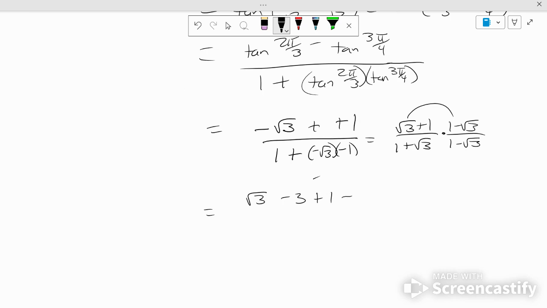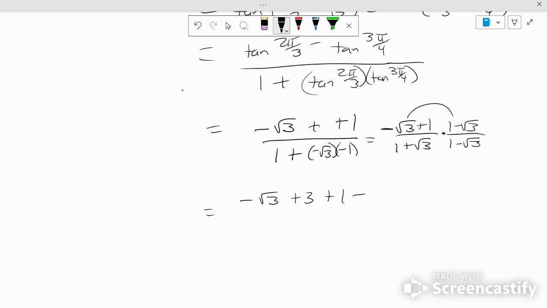negative. Oh, did I screw up somewhere? This is a negative out front. Ooh, yeah. Mr. Bierschbach had screwed up. Bad boy. All right, here we go. So, negative square root of 3. Outers is plus 3. Inners is plus 1.